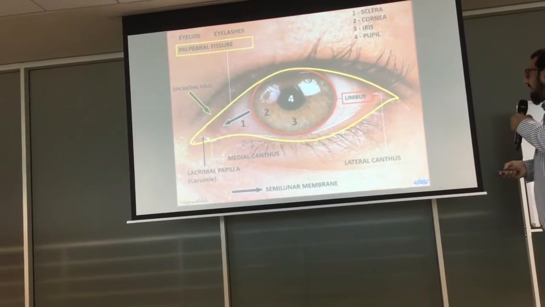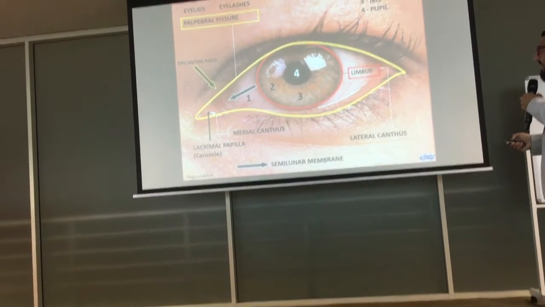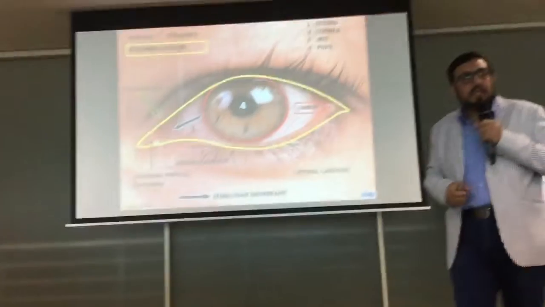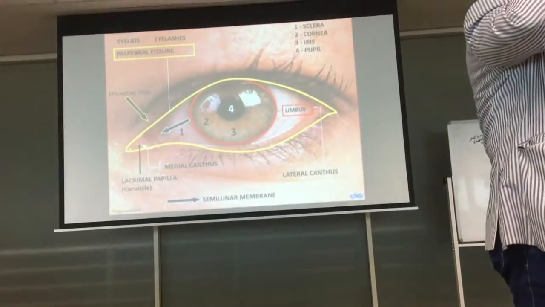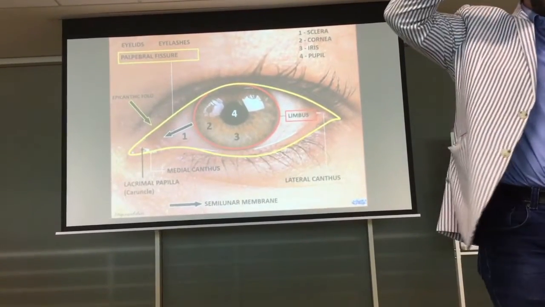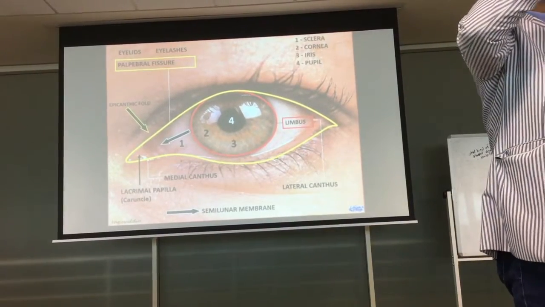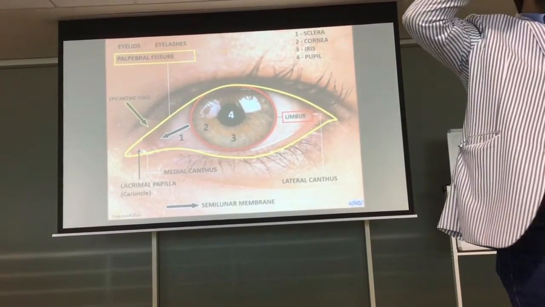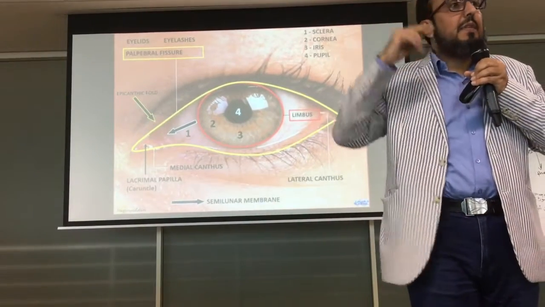Okay? Fine. So this interior surface is basically lined with an epithelium called the conjunctiva. Conjunctiva starts from the margin of your lid, then covers the undersurface of the lid, then reflects onto the eyeball, and then goes up, then reflects back onto your upper eyelid, and then ends on the margin of the eyelid.